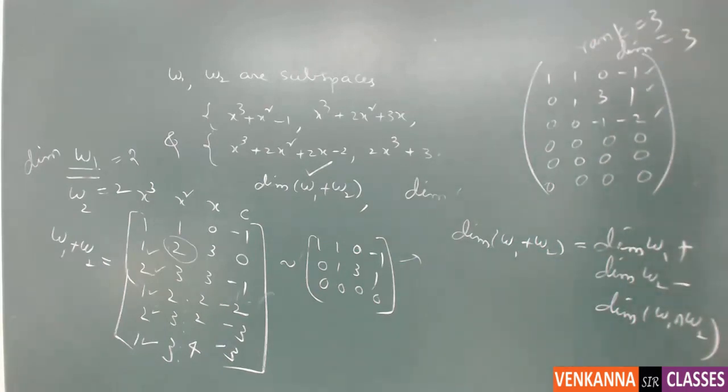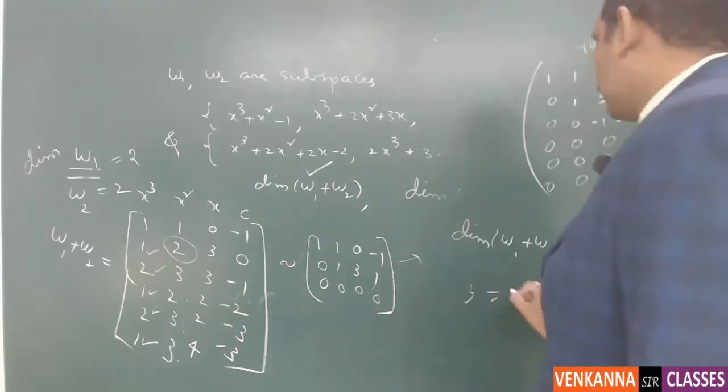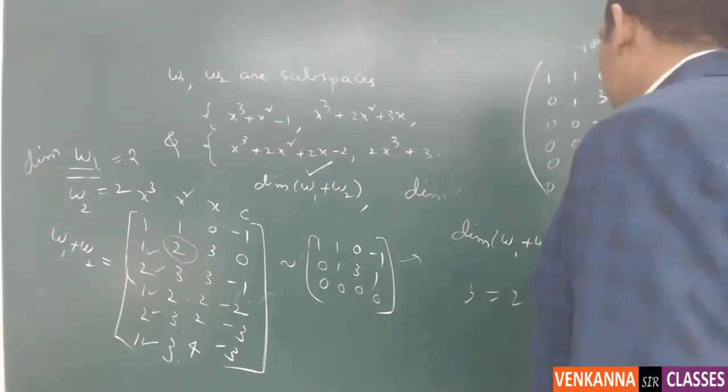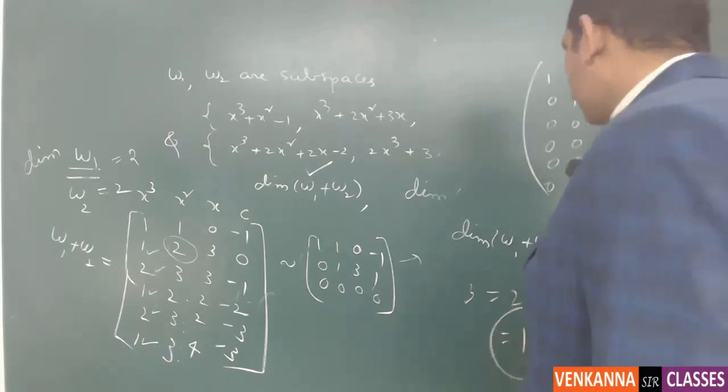If you want to write the basis specifically: x cube plus x square minus 1, x square plus 3x plus 1, minus x minus 2. This is the basis for W1 plus W2. So from that, the dimension of the space is nothing but 3. So here you have 3 is equal to 2 plus 2 minus some value. So intersection value is nothing but 1.